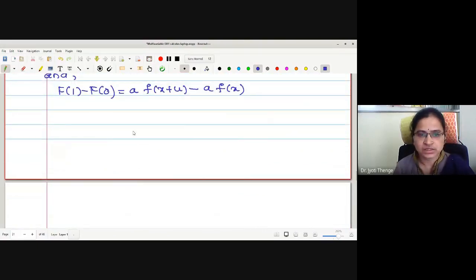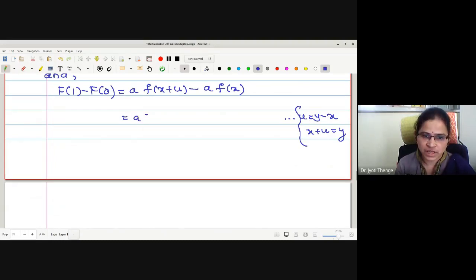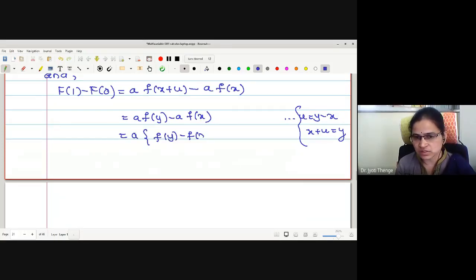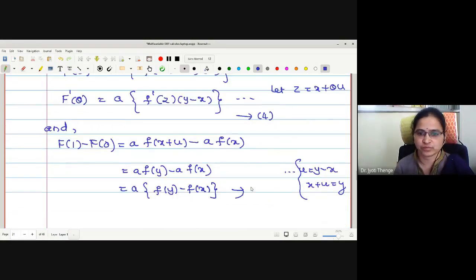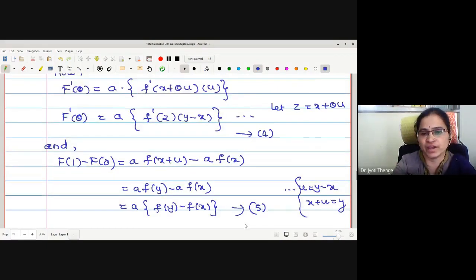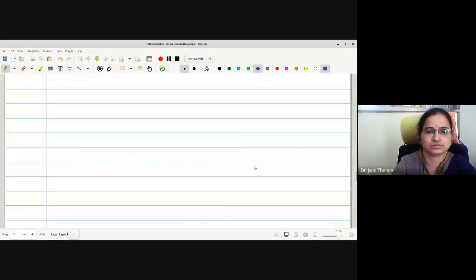Next, as we have taken u to be y minus x, what is x plus u? It is y. So this is a dot f of y minus a dot f of x, which I can write as a dot (f of y minus f of x). Let me call this number 5. Now we have to put both the values of 4 and 5 in this 3.